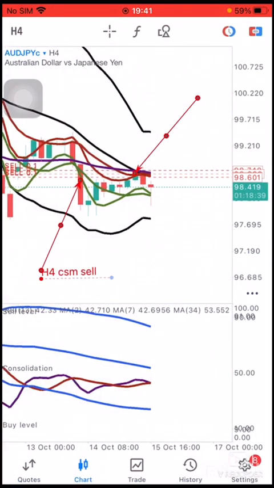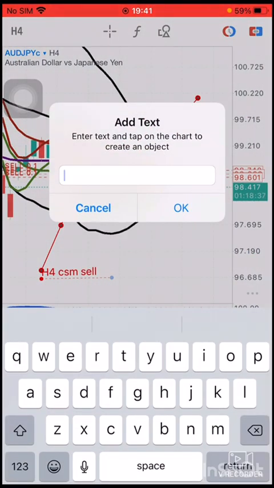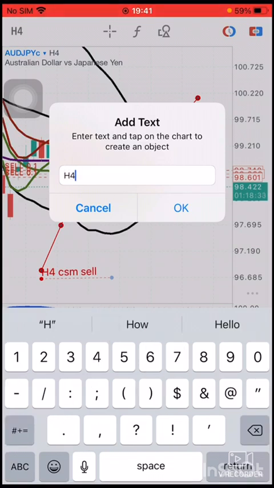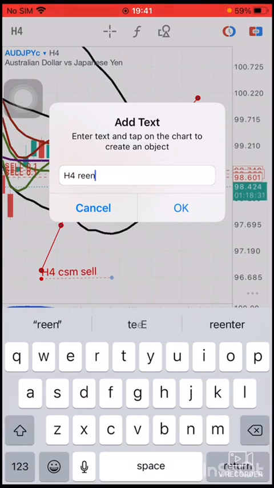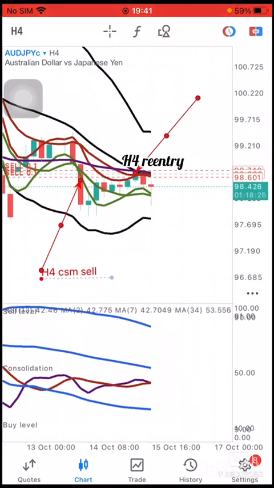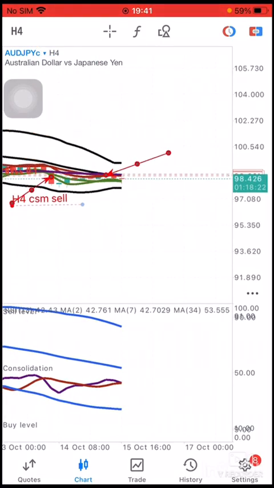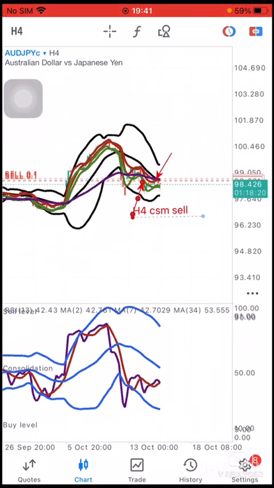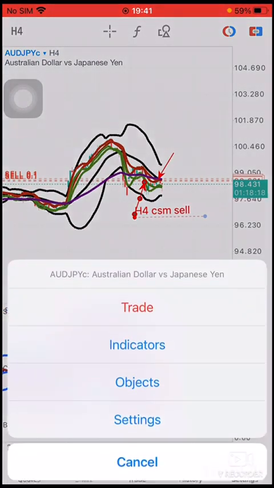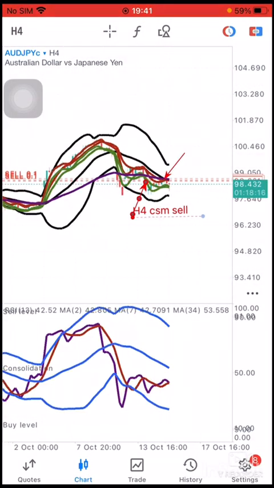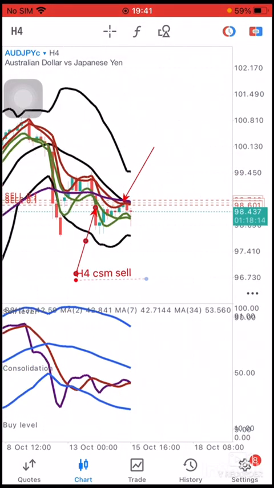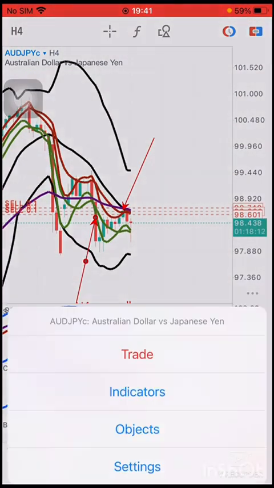So I'm going to add text to it as well. Call it H4 reentry. Okay, so I'm actually trying to, where is the text? So that was actually the reentry.